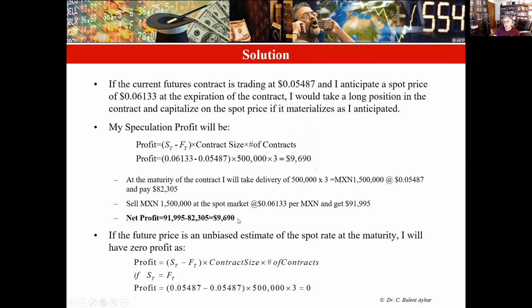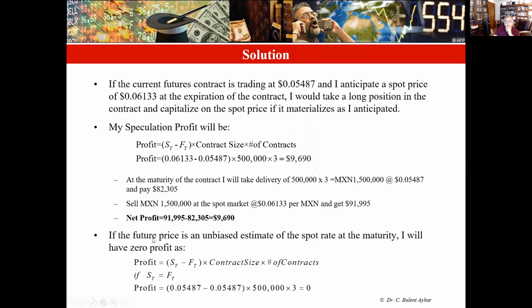So we have an expectation of a higher spot price, and we are making a bet on that prospect. And if that bet, if our anticipated price pans out, we're going to generate a profit. But if something else happens, we're going to lose money.